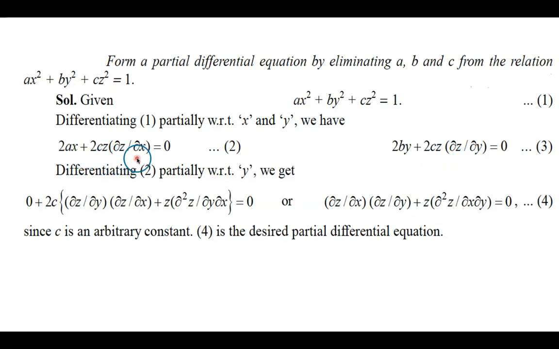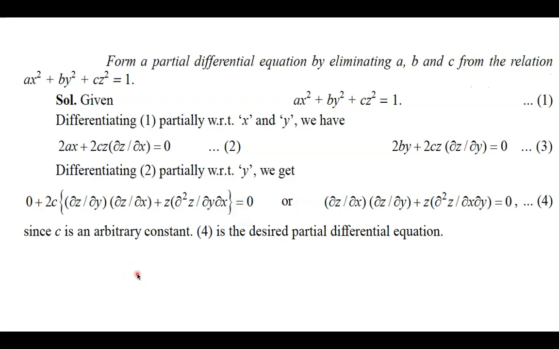Differentiating this relation 2 partially with respect to y, again we get 2c into the derivative of this product z into dou z by dou x, which will be the derivative of z, dou z by dou y, into this function dou z by dou x, plus z into the derivative of this function, z into dou square z by dou y dou x, is equal to 0.